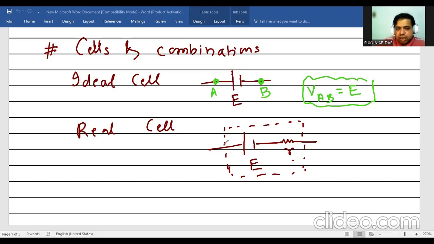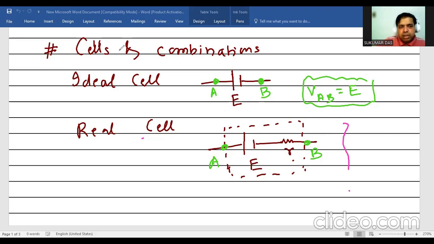Whereas for real cell, this terminal potential difference can be equal to E, can be more than E, can be less than E. How? That depends on what you are doing with this real cell, whether it is being charged, discharged, whether it is in short circuit, whether it is in open circuit. So let us quickly look into that.